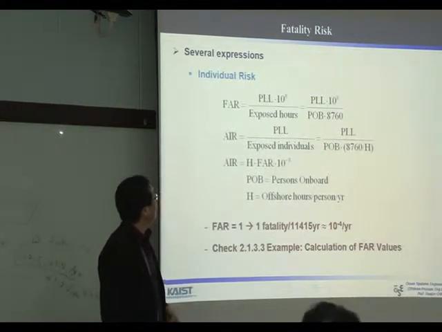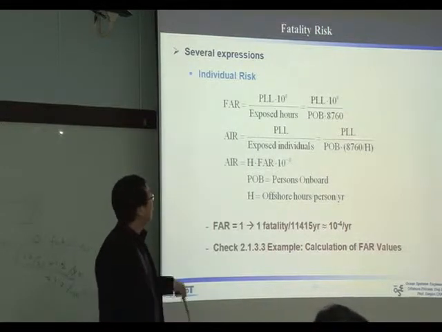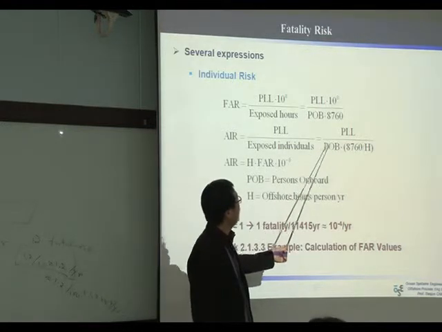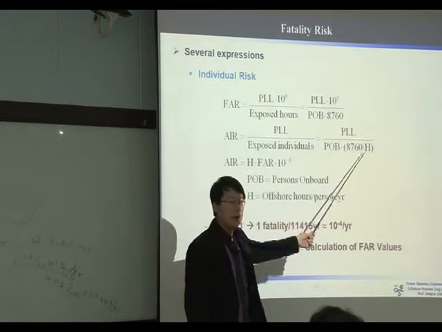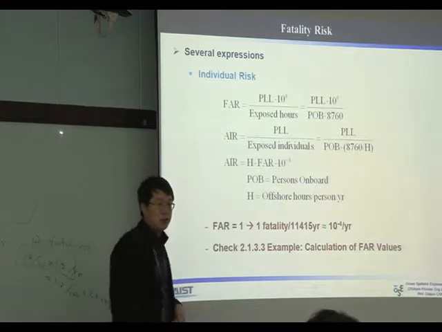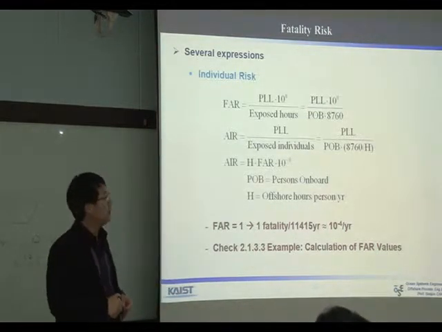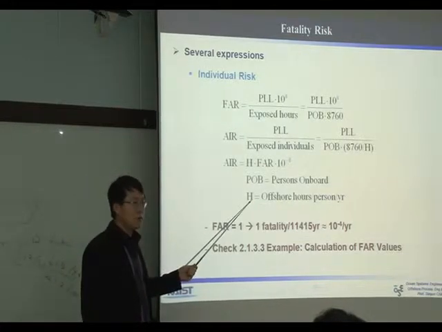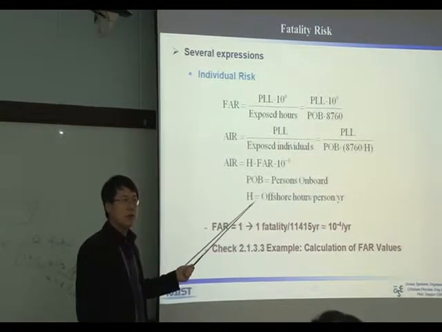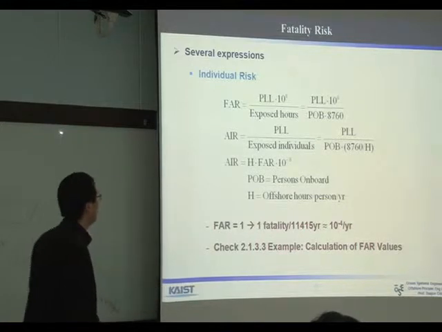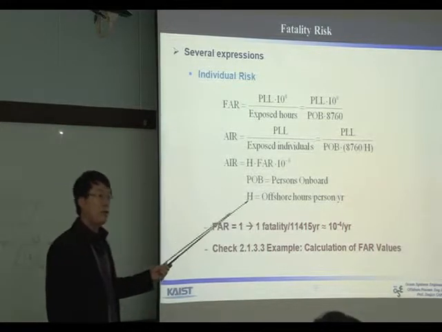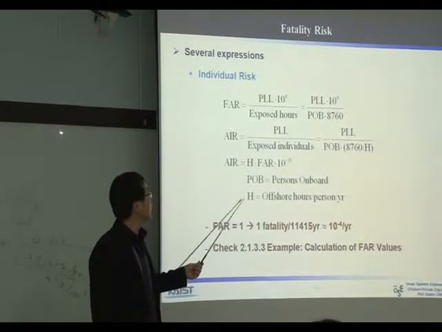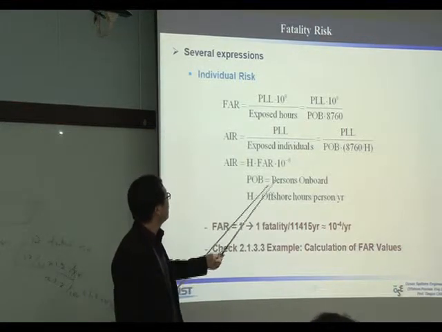AIR is the PLL times exposed individuals. So it is POB times this hours divided by H. H is the offshore hours per person per year. So usually I spend four months per year in an offshore installation, so this should be considered here.